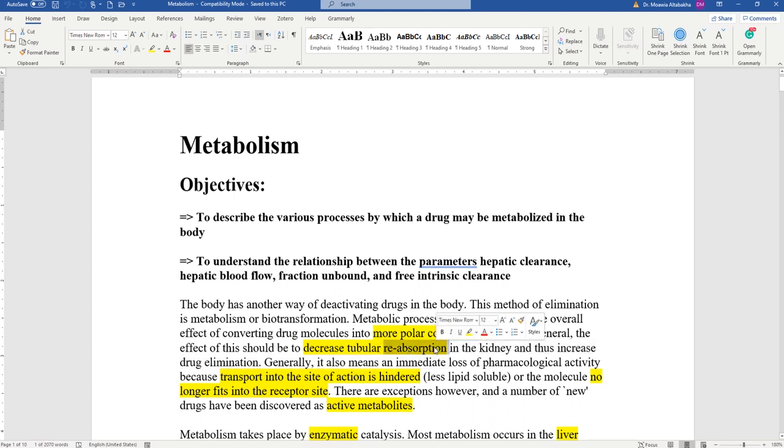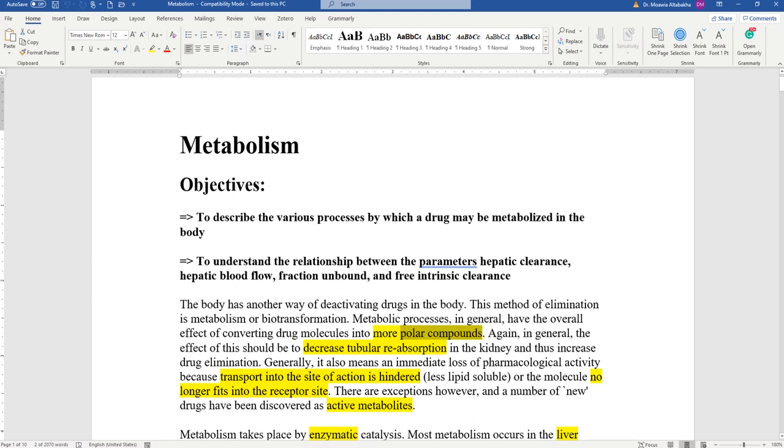So it goes out and doesn't come back. Another thing is that the transport of this polar compound into tissue is hindered, meaning it will have difficulty getting into the tissues.